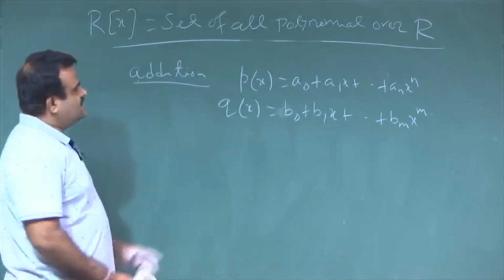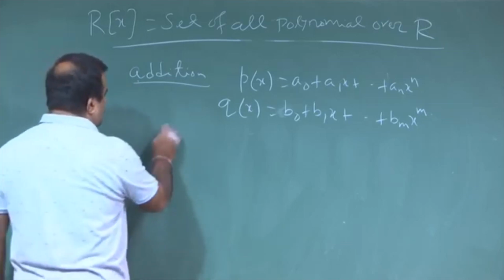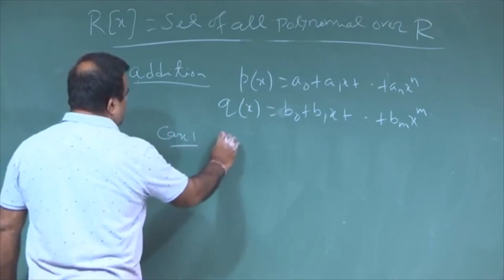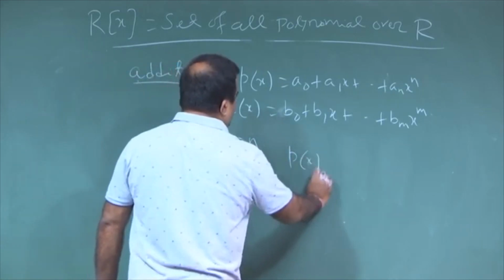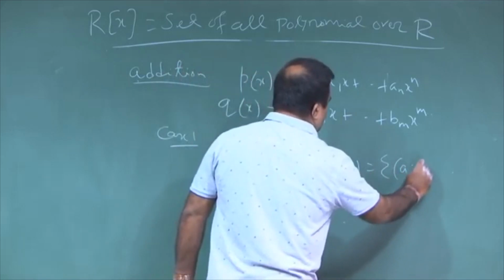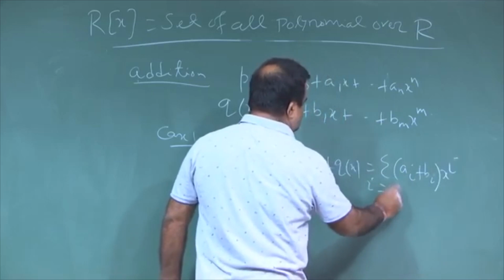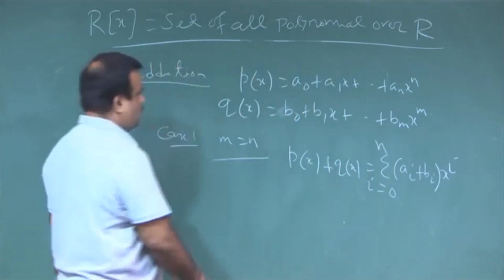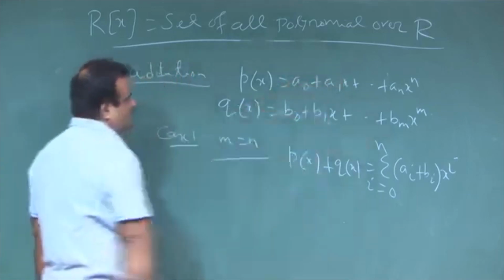There are three cases: n less than m, n equal to m, n greater than m. Case 1, if m is equal to n, then p x plus q x is the summation of a i plus b i times x to the power i, i equal to 0 to n. We are just adding the corresponding coefficients.